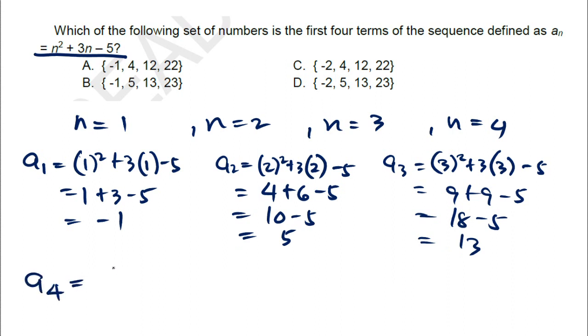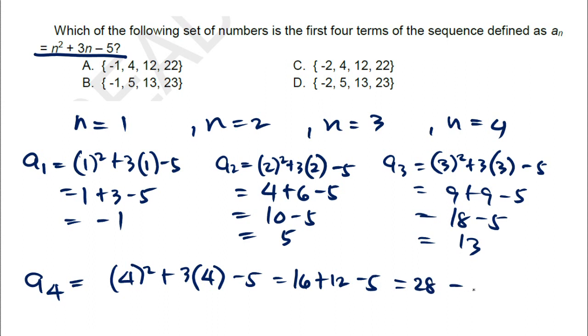We have 4 squared plus 3 times 4 minus 5, which gives us 16 plus 12 minus 5 equals 28, minus 5 gives us 23. Therefore, the first four terms of the sequence are negative 1, 5, 13, and 23. So the answer is letter B.